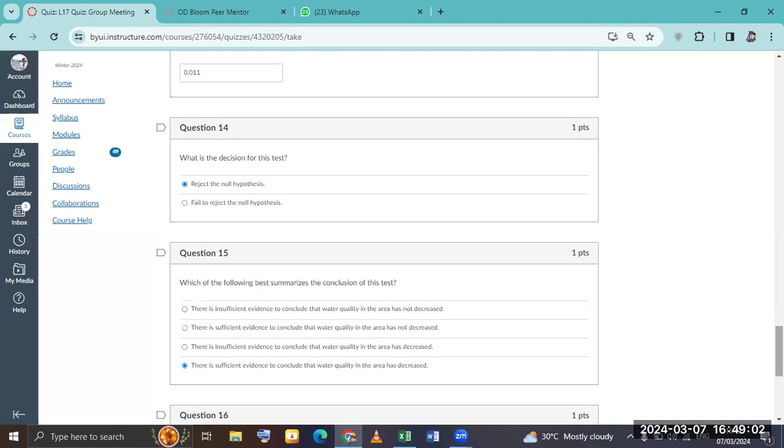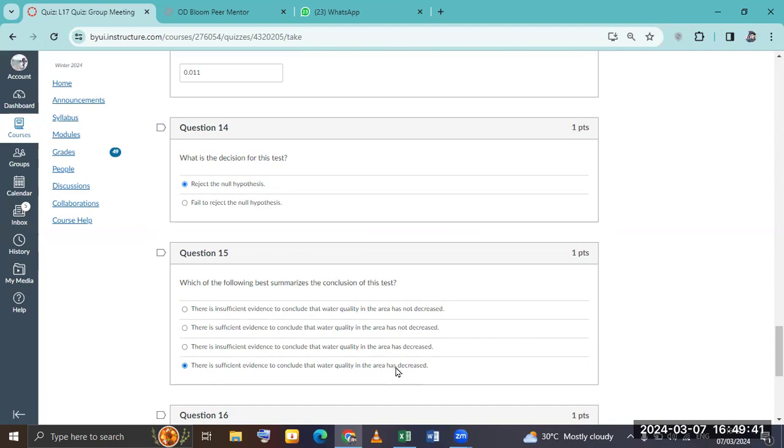The moment we reject, it means we have sufficient evidence, right? So the second one says there is sufficient evidence to conclude that water quality in the area has not decreased, right? And the study was trying to determine if the water quality decreased or not, and we were able to reject, meaning it decreased. So it is the last one.